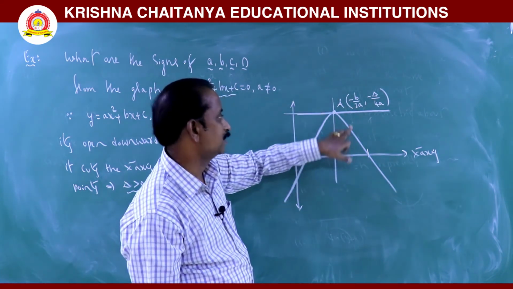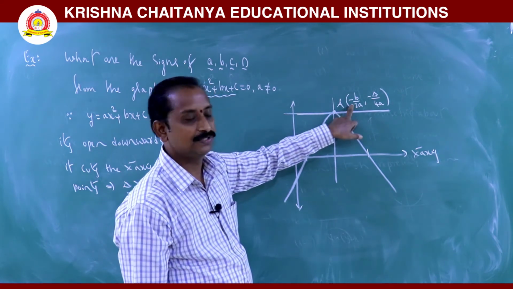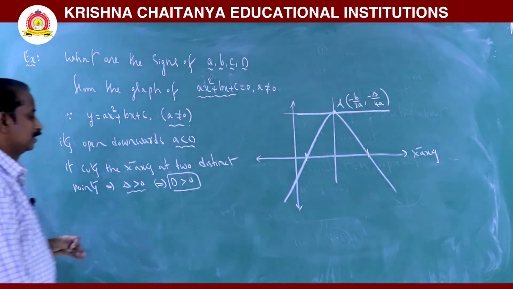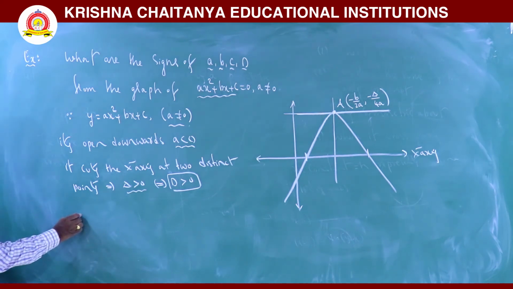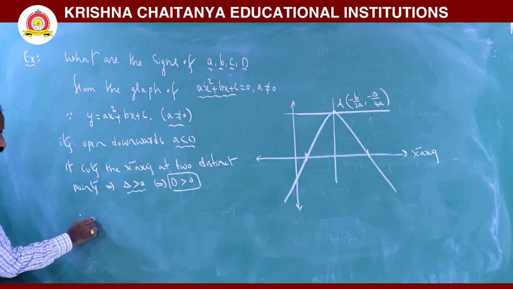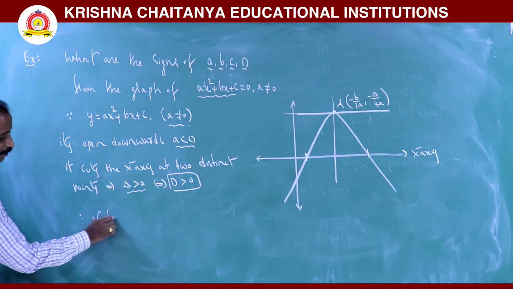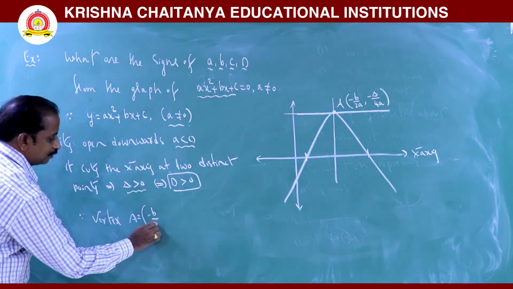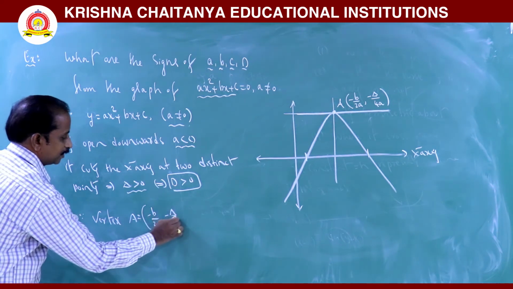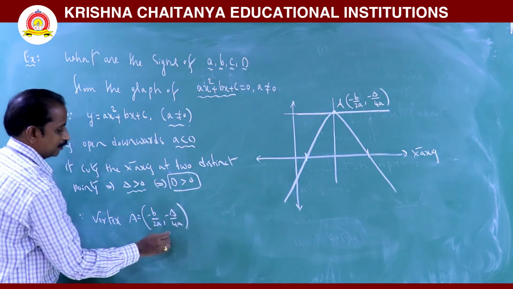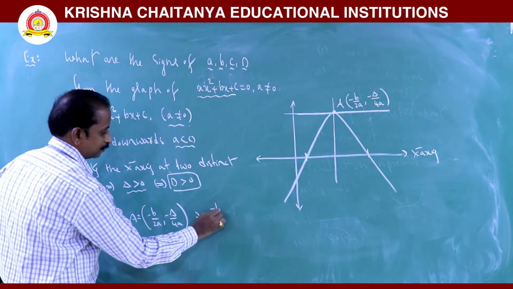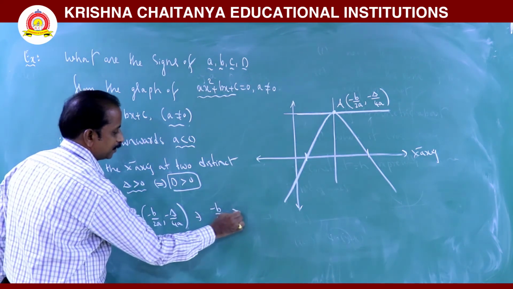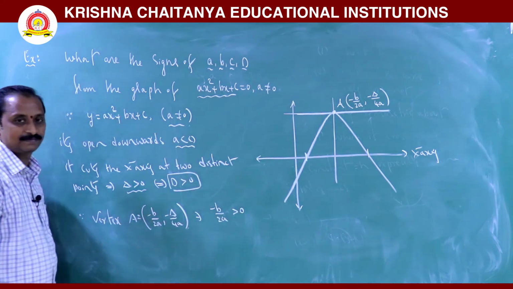Above the x-axis means it is positive. Therefore, here x is equal to minus b by 2a, and the vertex capital A is minus b by 2a comma minus delta by 4a, such that minus b by 2a is greater than 0.